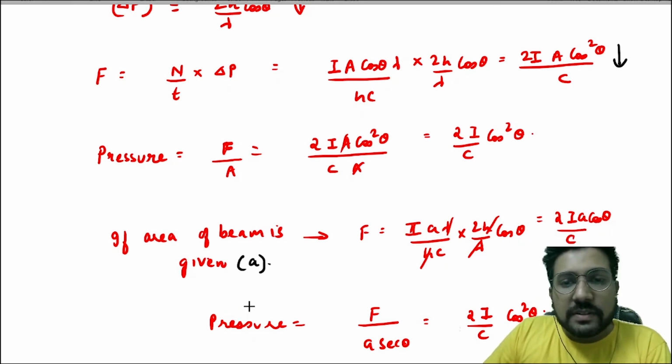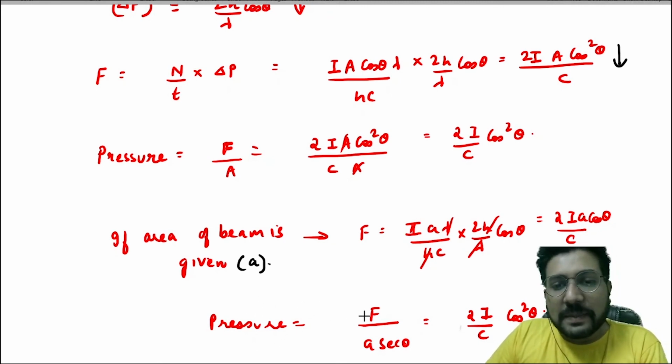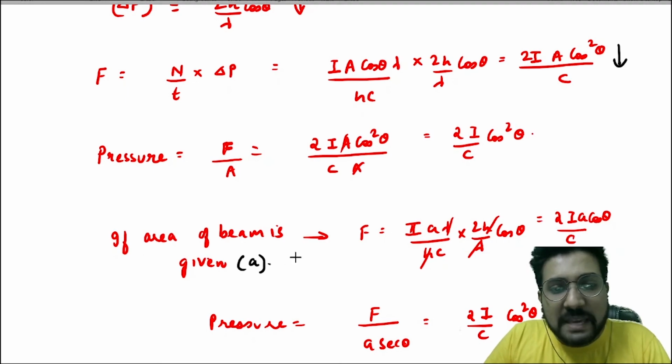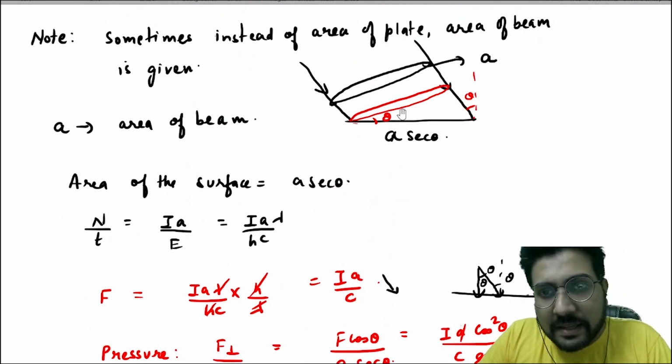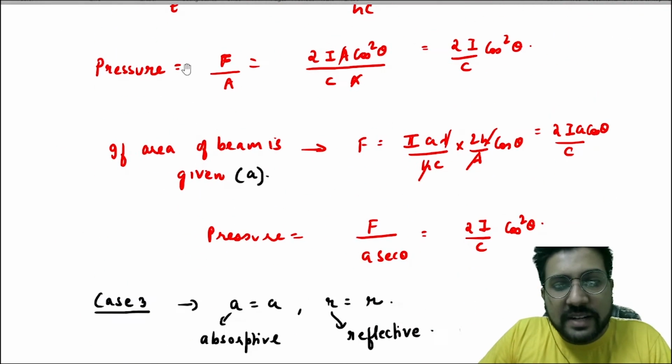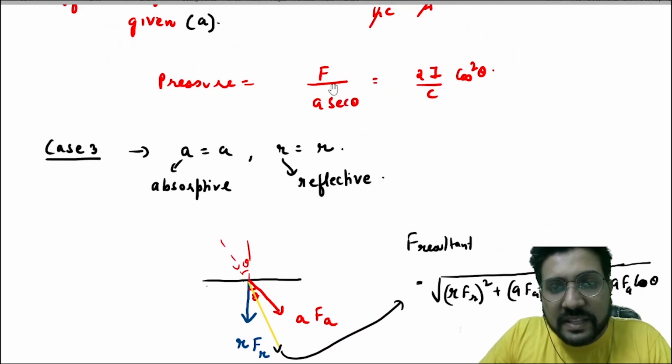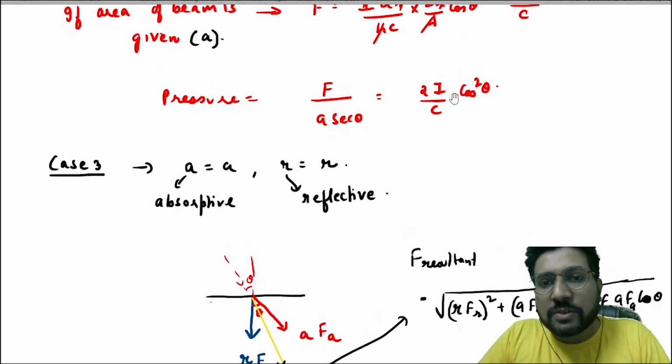So the pressure will be equal to force by area of the surface. Now if the area of the beam is A, then the area of the surface is A sec theta. So I will write again, this area of the surface is A sec theta, and you will get 2I by c cos square theta.